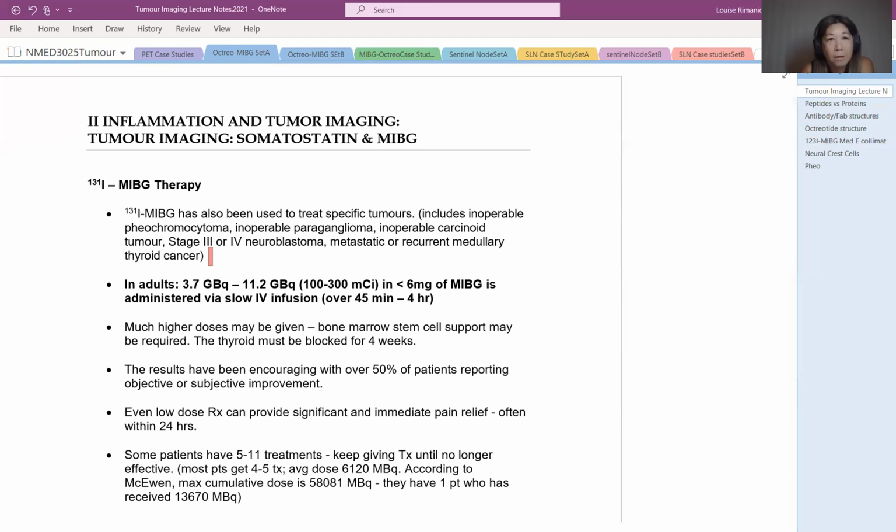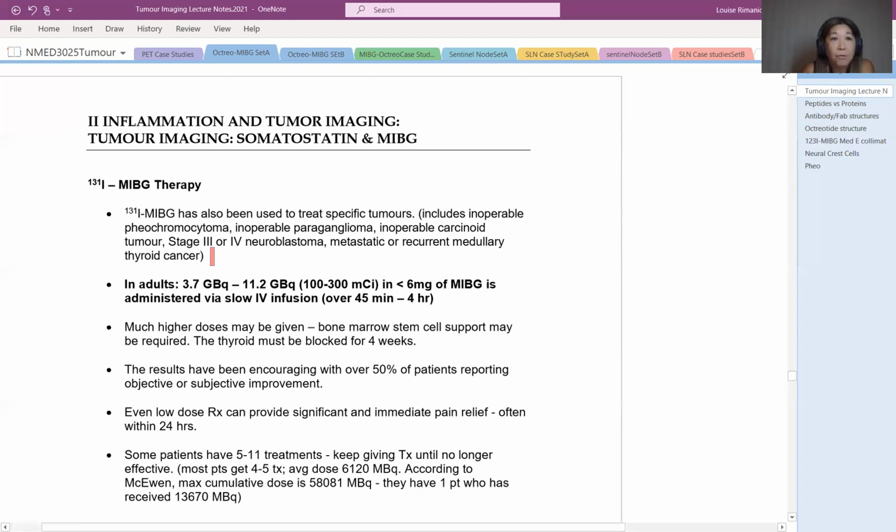In Canada, the Cross Cancer Institute in Edmonton was a leader in MIBG therapy. Actually, throughout the world, Dr. Sandy McEwen is considered the expert on I-131 MIBG treatment. So if you ever get to the SNMMI, he usually gives a talk every year.